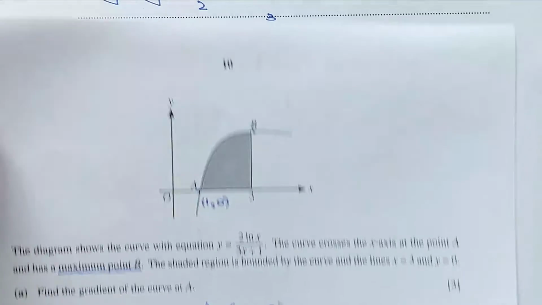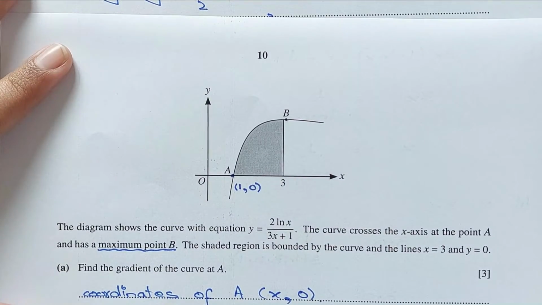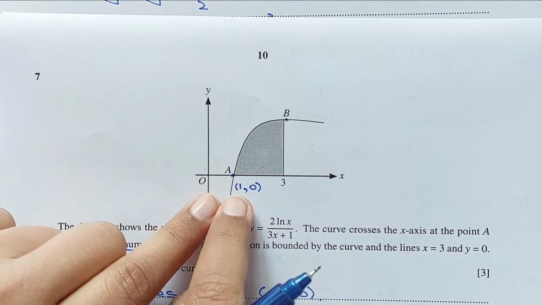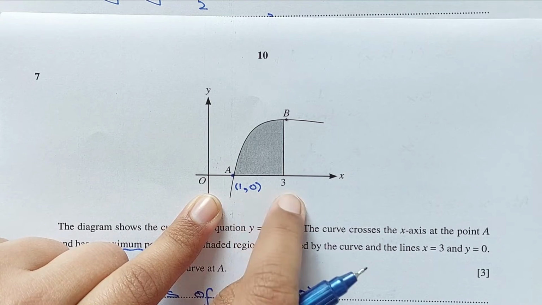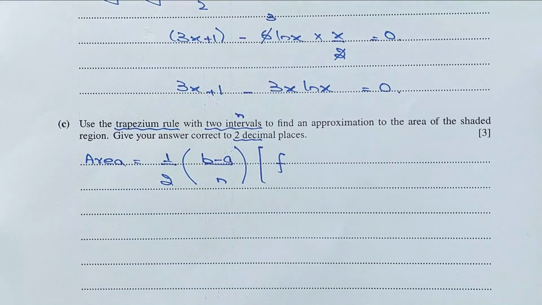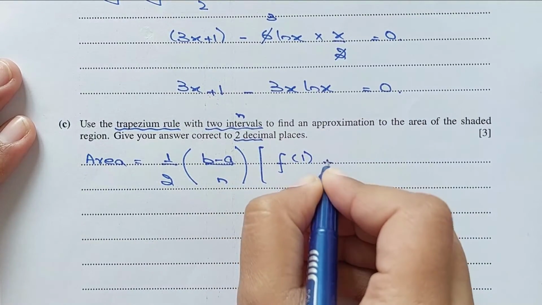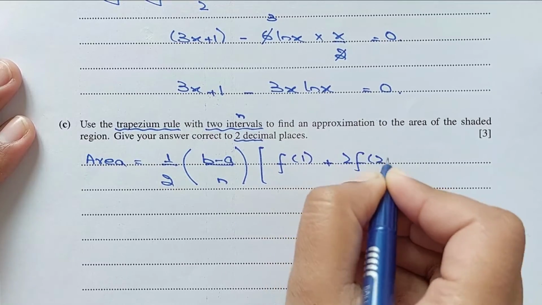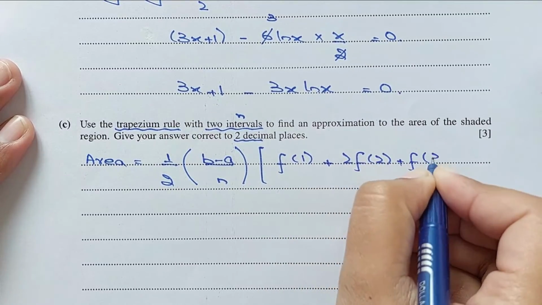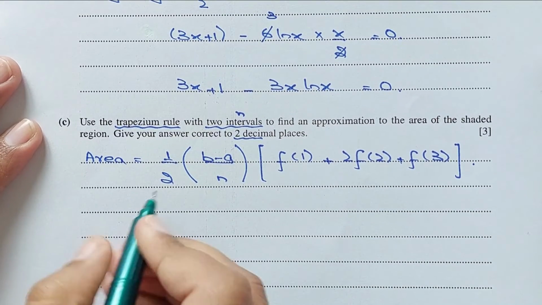As you can see, the area of the shaded region is between x equals 1 and x equals 3, so the a and b values are 1 and 3. So function value at 1 plus 2 times function value at 2 plus function value at 3. Now let me calculate this.